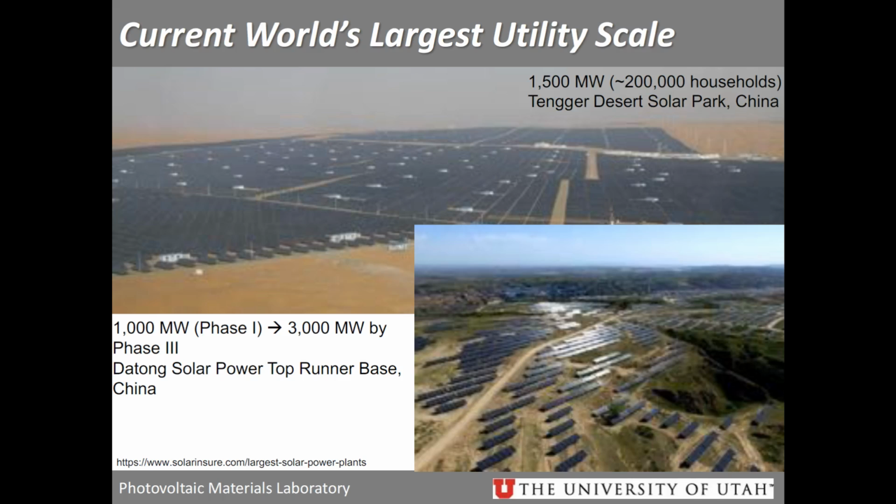The other one, which is recently coming up, is the Datong Solar Power Top Runner Base, again in China, which currently produces about 1000 megawatts of power, and it is estimated, I guess, by the year 2020 to be able to produce 3000 megawatts of power.